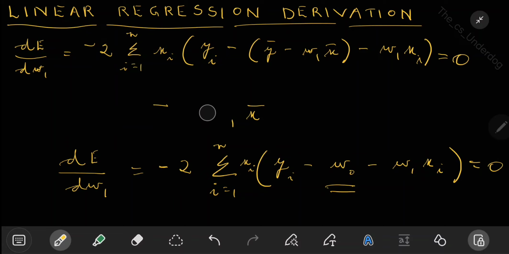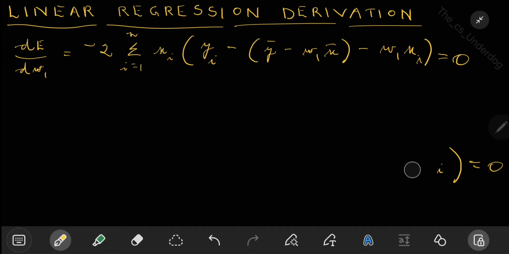I'm going to erase these terms so that the remaining steps can be written here. So this is what we have now. Derivative with respect to w1 is minus 2 into sigma i equal to 1 to n, xi into (yi minus (y bar minus w1 x bar) minus w1 xi).